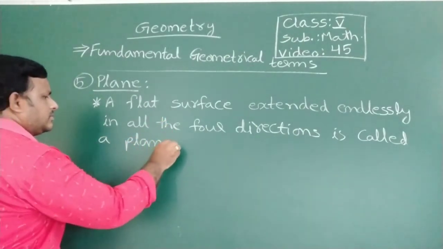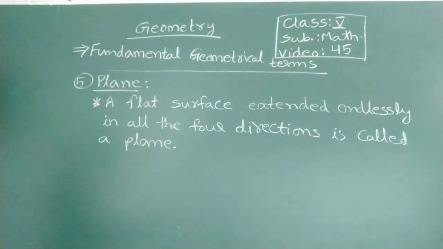Okay, is called a plane. So the surface of a smooth wall or the surface of the top of the table, these are some examples. This smooth blackboard, these all are the examples for the plane. Okay.